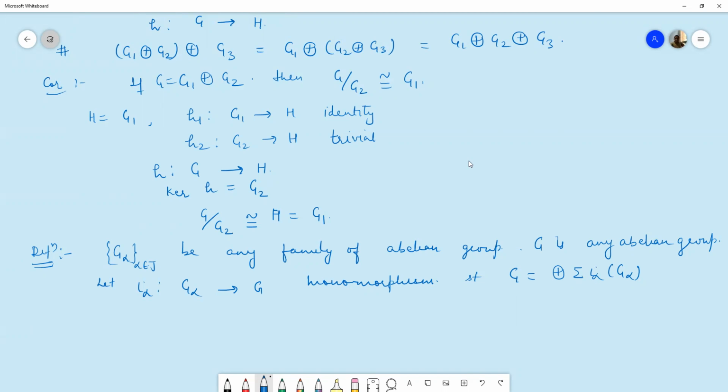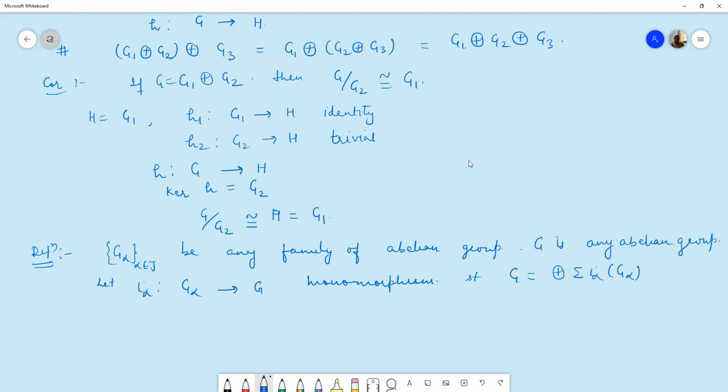So in the previous case, G alphas are subgroups of G, and G is generated by the subgroups G alpha. But here G alphas are not subgroups of G, but G is any abelian group and G alpha is any family of abelian groups, such that we have family of monomorphisms I alpha from G alpha to G. And now from these monomorphisms, we can say that I alpha of G alpha are subgroups of G. And G is generated by these subgroups.